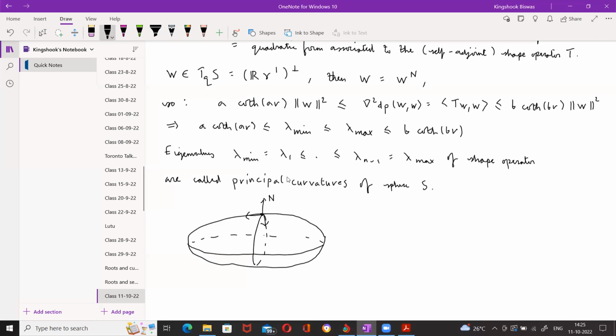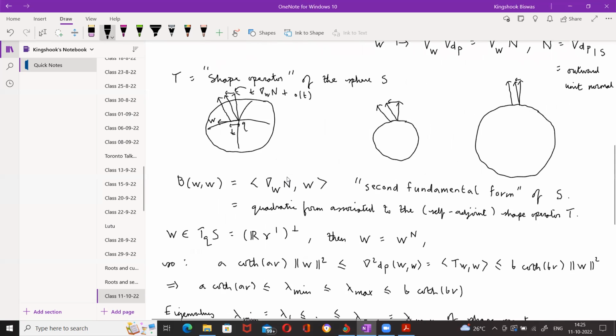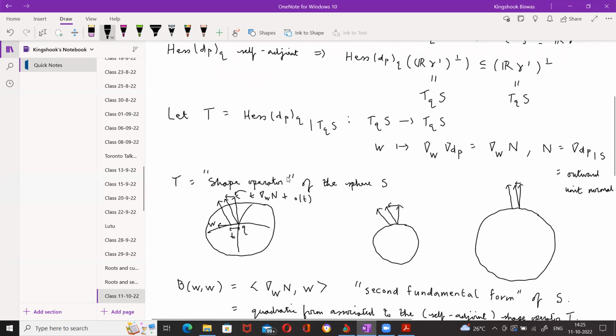Then you do the same thing: you define the shape operator by taking a unit normal vector field n on the submanifold S, and your shape operator is W goes to nabla W of n. This will go from the tangent space to the submanifold to itself. Is this clear? Yes, sir.